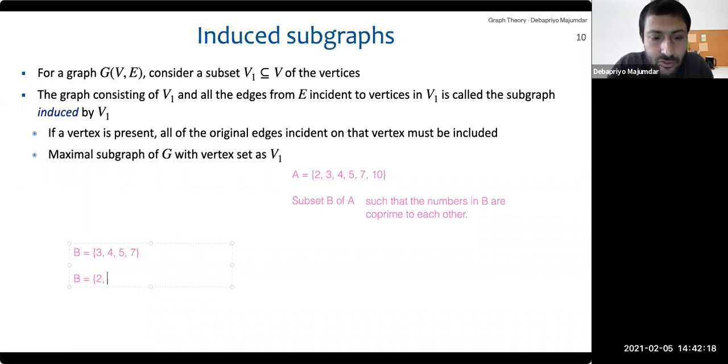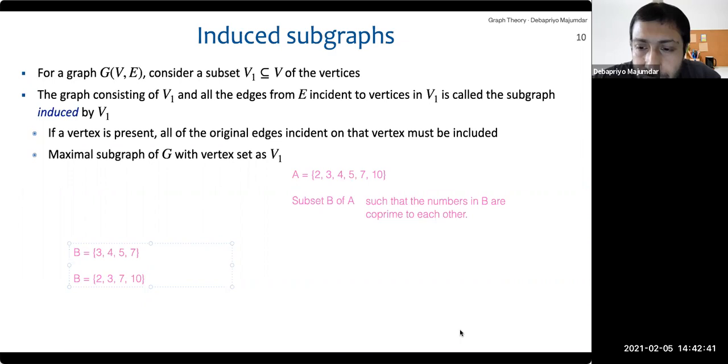What about 2, 3, 7? This is also maximal, but I'll leave this as an exercise for you. You can construct something such that you have a subset of size 4 which has the property, but another subset of size 3 which is also maximal.